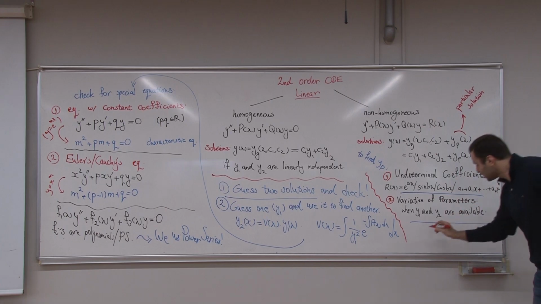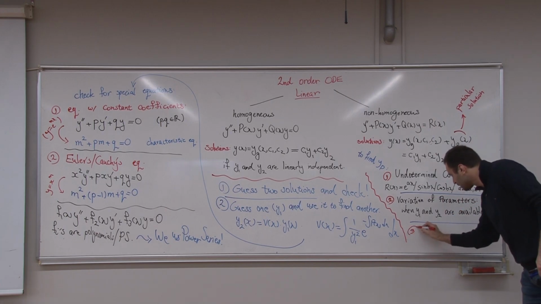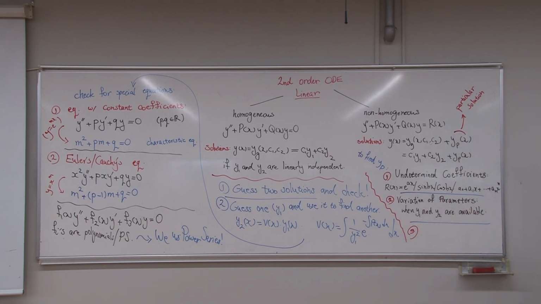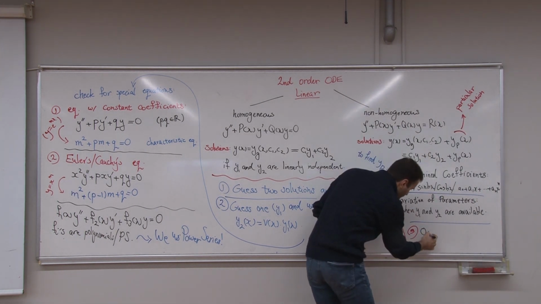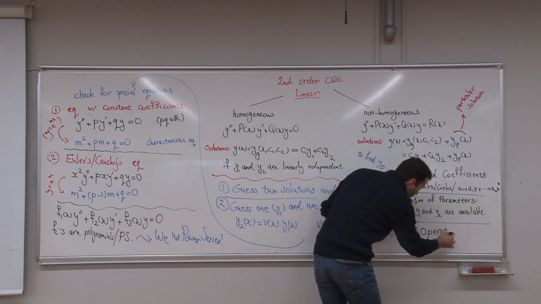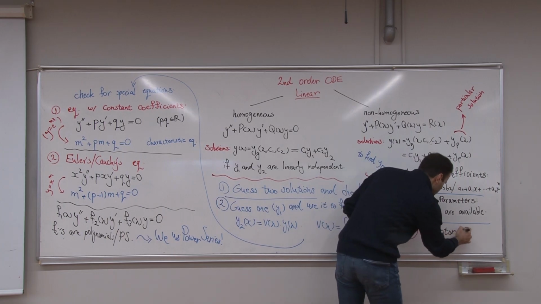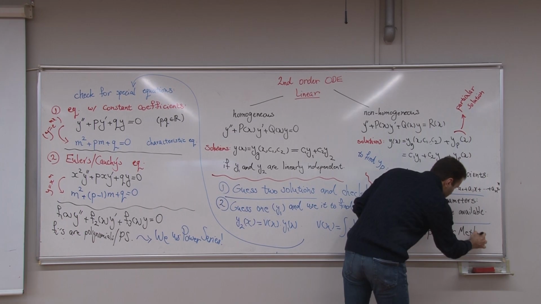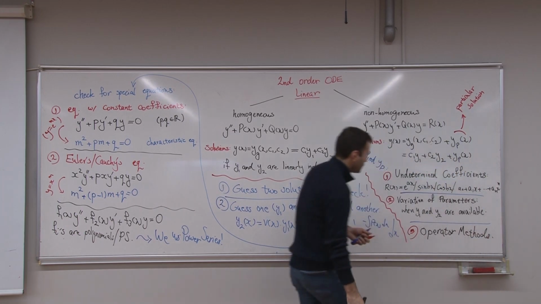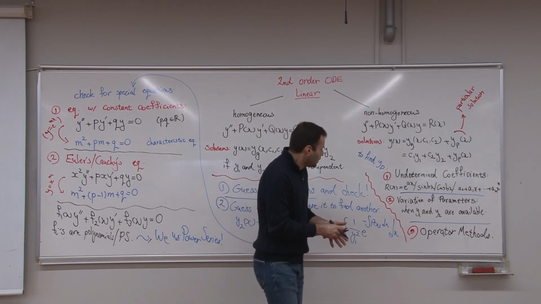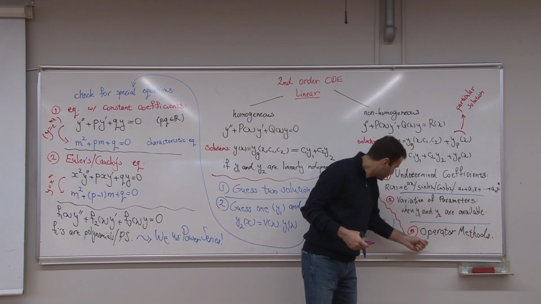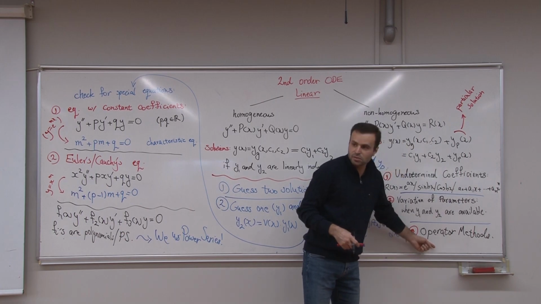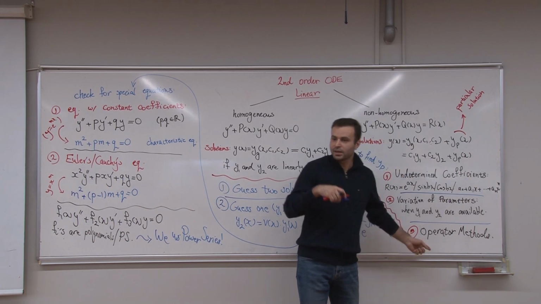The third one that we're going to talk about today is the operator methods. Variation of parameters was developed by Lagrange, a mathematician. Operator methods were developed by another mathematician, Heaviside.